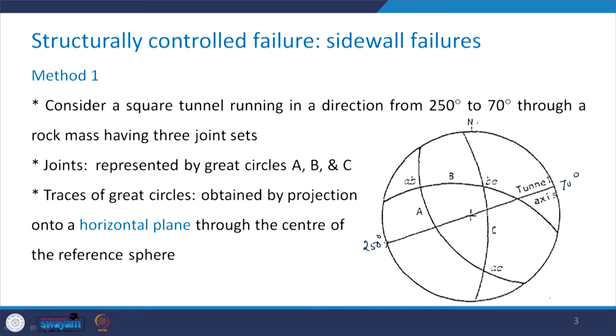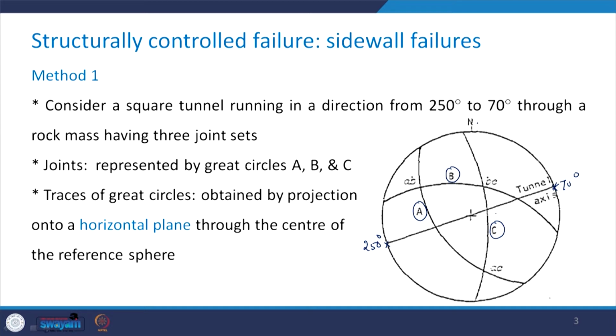If we join these two points, that is going to give us the tunnel axis. There are three joint sets which are represented by the three great circles A, B and C.